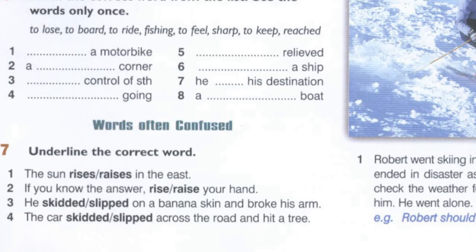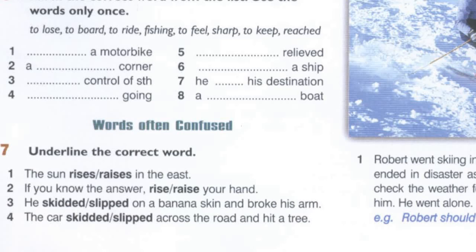Raise your hand. And number 3, he skidded or slipped on a banana skin and broke his arm. Okay, so the question is whether he skidded or he slipped. No, he slipped. The correct answer is he slipped.